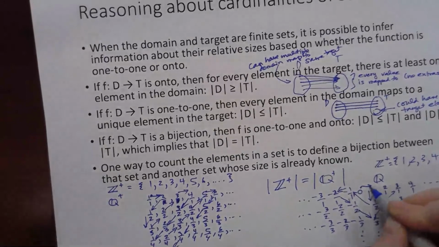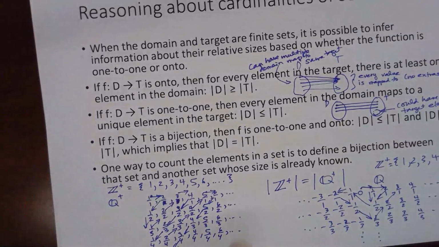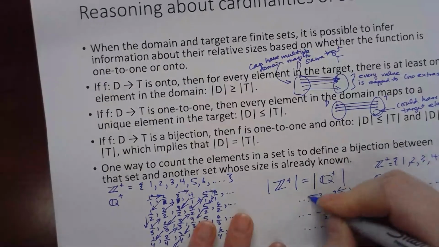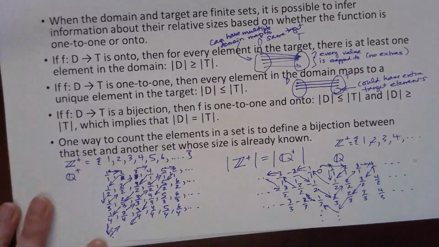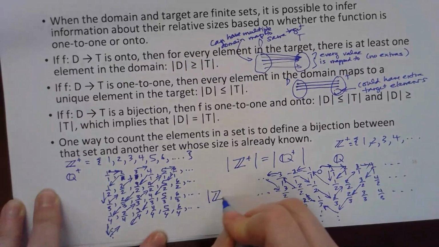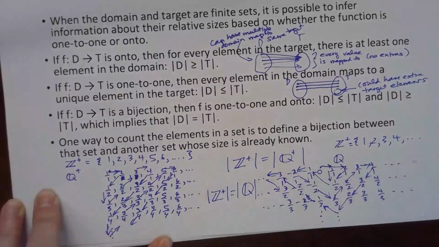Oh, I should have gone this way maybe, sorry. That way my arrows will be nice. And I can go this way, and down, and then I'll go up this way, and then over that way, and down, and then I'm going to cover all of them, right? And so, because I can define a bijection between this set and this set, I know that the number of positive integers is also the same as all of the rational numbers.